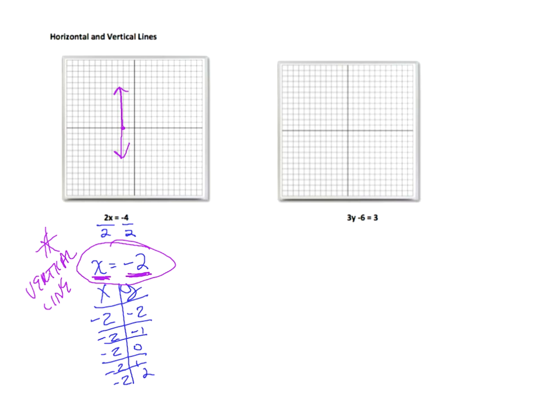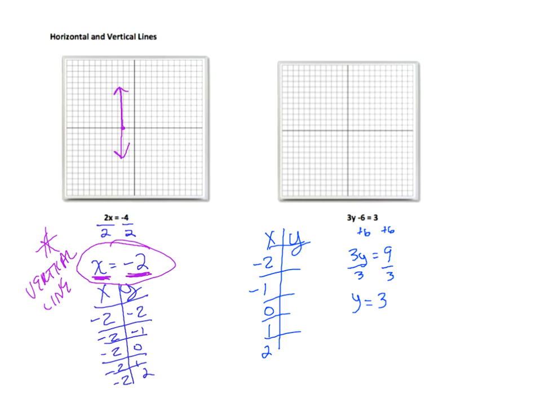Okay, so I'm going to isolate the variable here, add 6 to both sides, and I get 3y equals 9, divide by 3, and I get y is 3. So if I were looking at an XY table, this would say no matter what x is, y is 3.